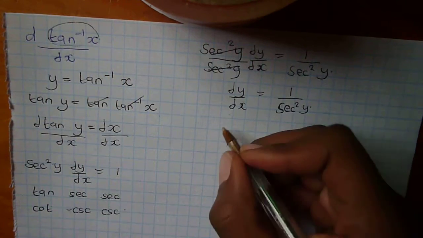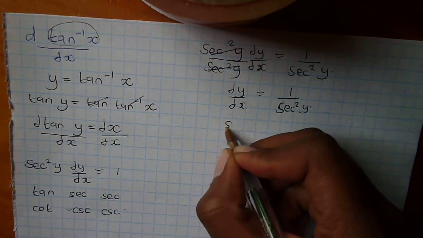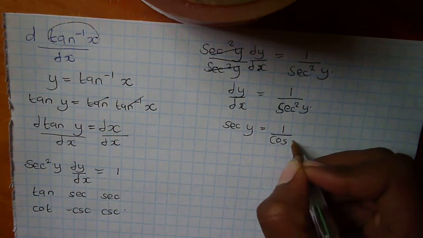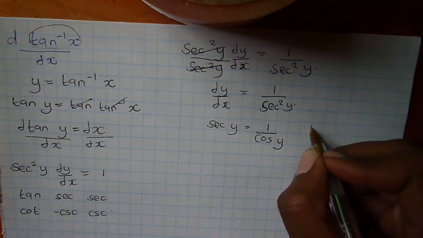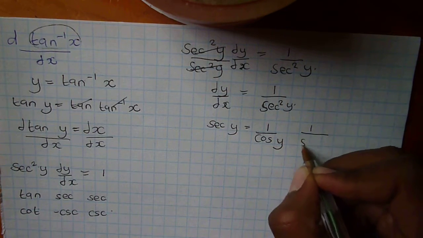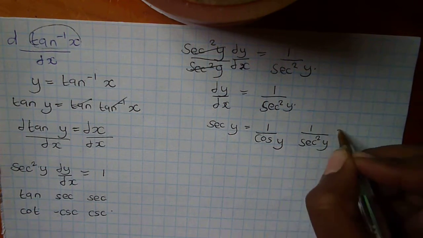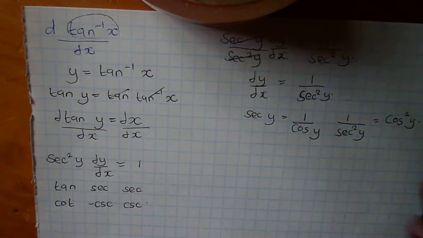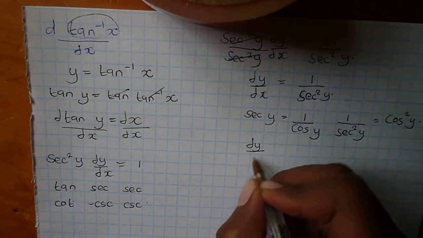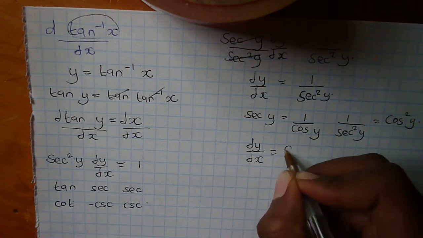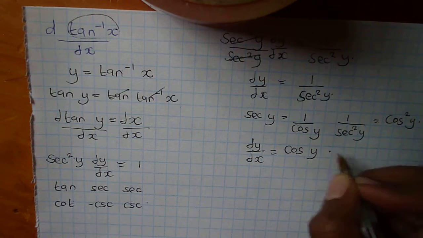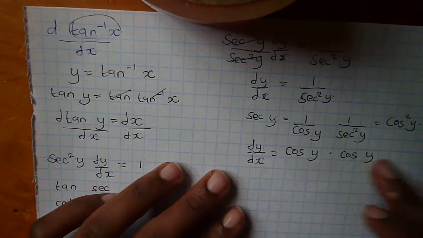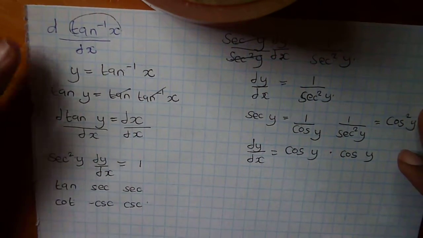And you know that sec y is the same as 1 all over cos y. Therefore, 1 all over sec squared y is the same as cos squared y. So our dy with respect to dx is just the same as cos y dot cos y. The dot just means multiplication. So I just simplified it into a form that we are used to.